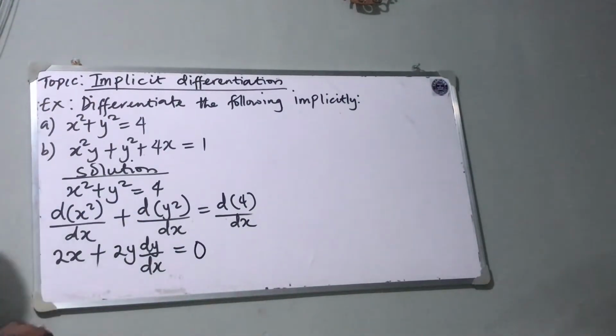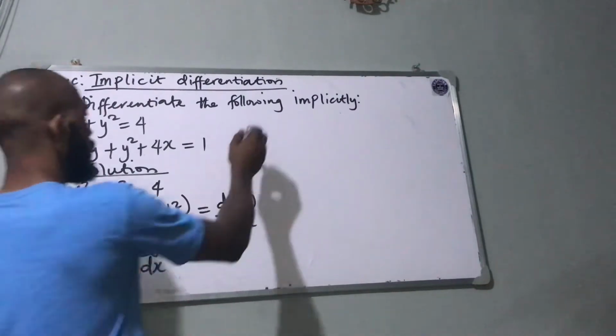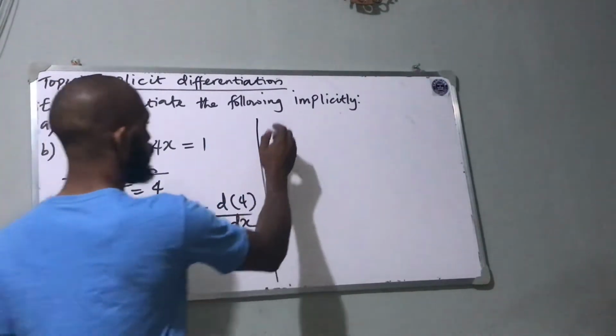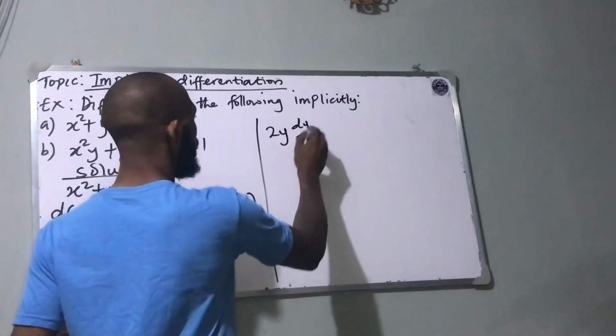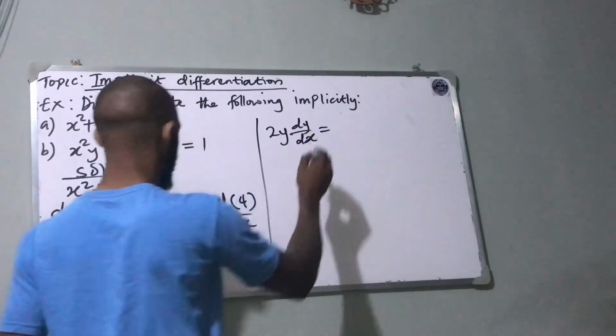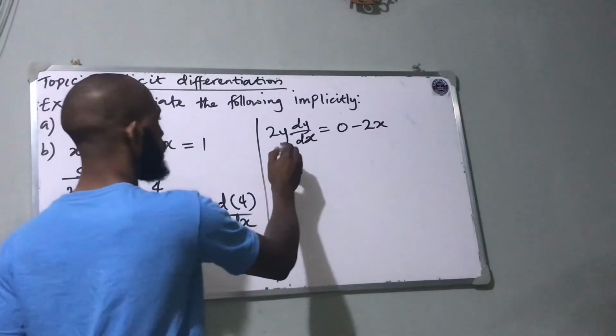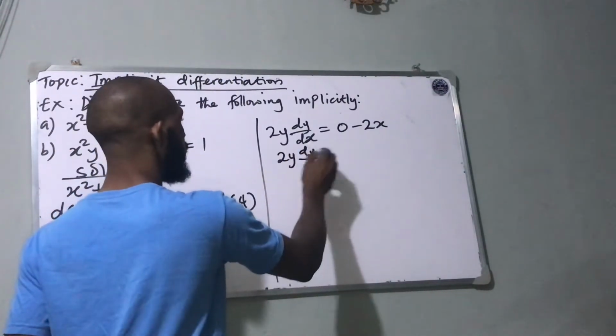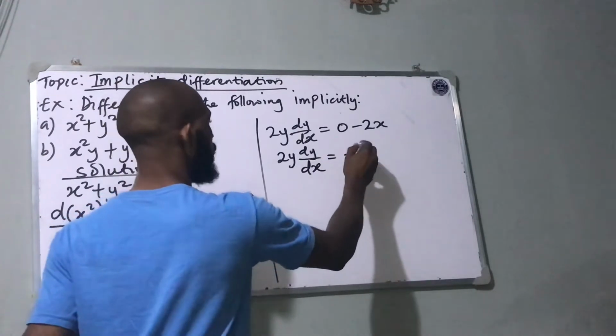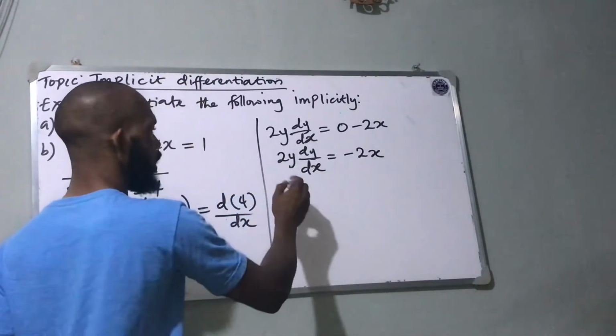So now from here I can collect the like terms. If I do that, I will have 2y dy over dx equals 0 minus 2x. So this will give me 2y dy over dx equals minus 2x.